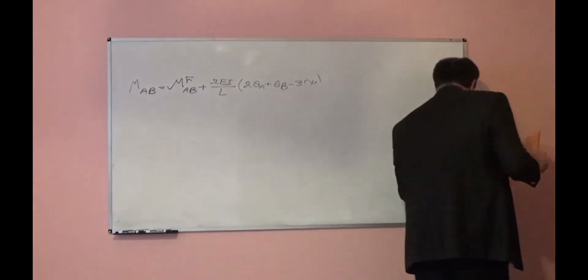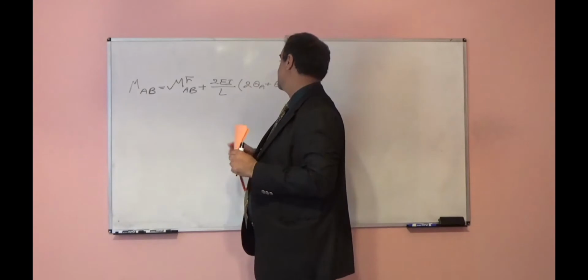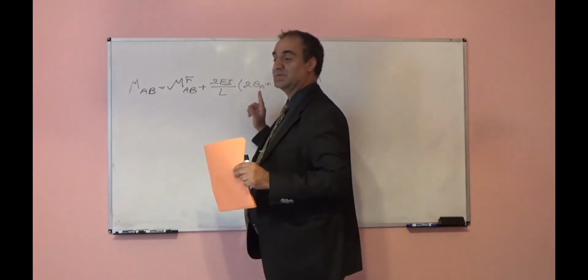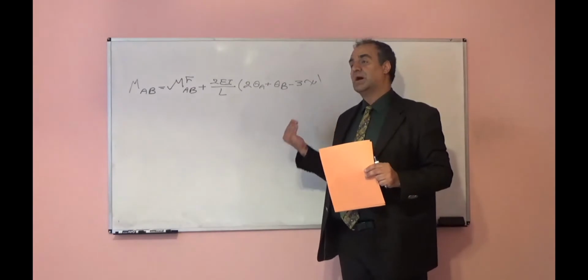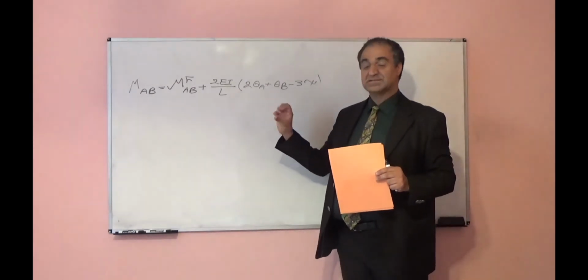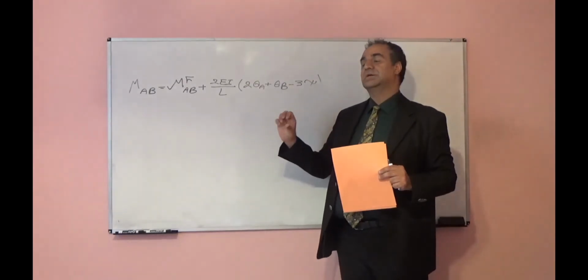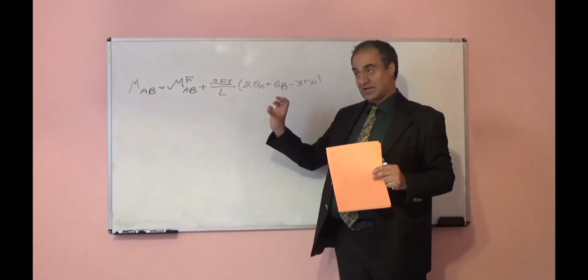If rotation is counterclockwise, plug positive here. If you end up with theta equal to a positive number, that means the rotation is counterclockwise. If you end up with theta equal to a negative number, the rotation is clockwise.